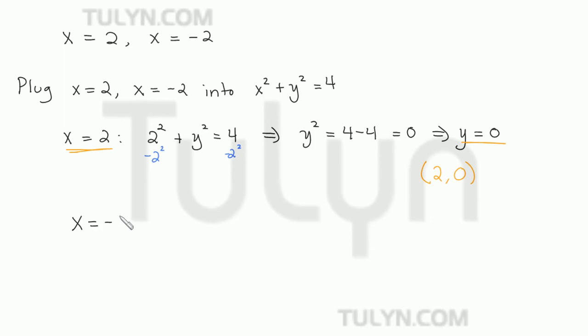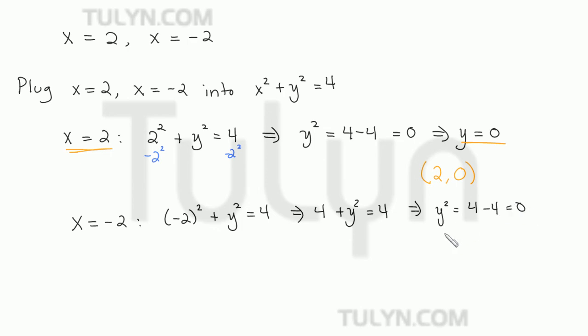So now we want to do the same for x is equal to -2. So we get -2 squared plus y squared is equal to 4, which gives us, and -2 squared is just +4, right? So y squared is equal to 4 minus 4, which again is 0, which can only mean that y itself was 0.